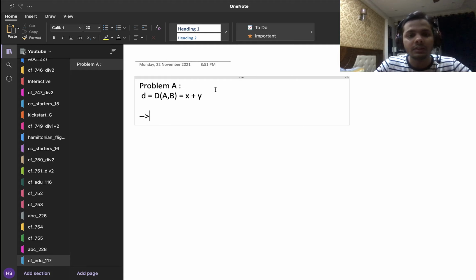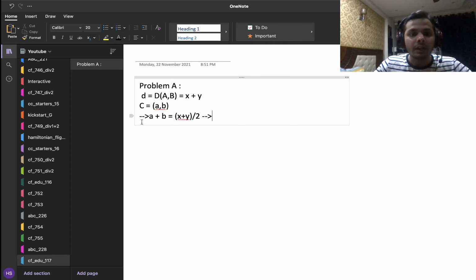The first equation is the distance between A and C should be half of the distance between A and B. Now let's assume that my point C is equal to small a comma small b. So the first equation I can write as the Manhattan distance between A and C is equal to (x plus y) by 2, and the Manhattan distance between A and C is just going to be a plus b, which has to be (x plus y) by 2.